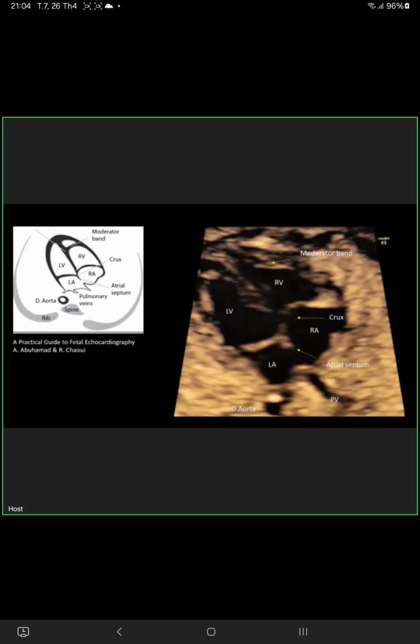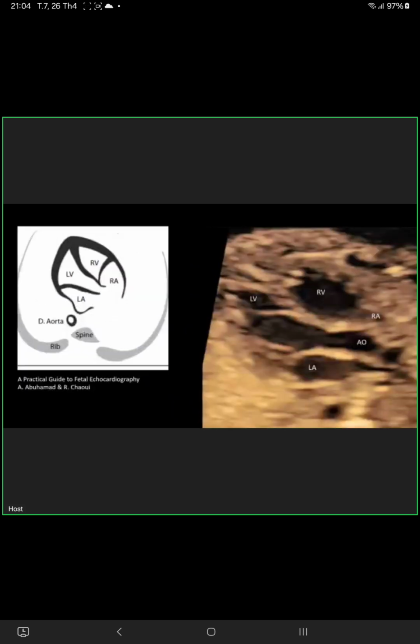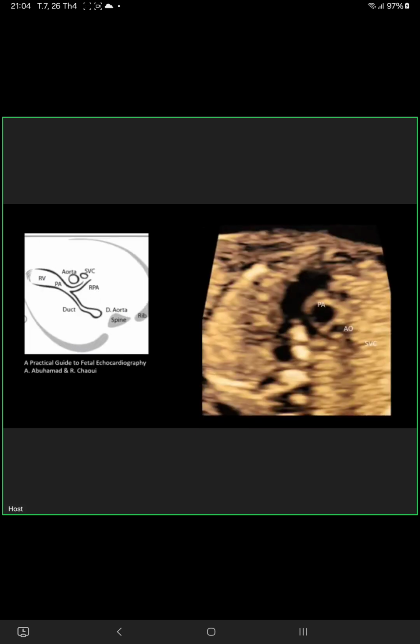This is the four-chamber view, symmetric: left ventricle, right ventricle with moderator band, the crux, left atrium, right atrium, atrial septum, descending aorta, pulmonic veins. The long axis: left ventricle, aorta, right ventricle, left atrium, right atrium, main pulmonary artery, left and right pulmonary arteries, aorta, superior vena cava.